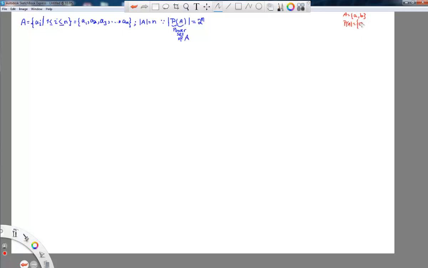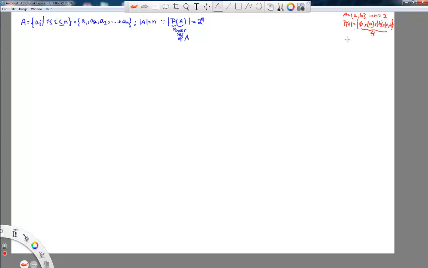Of course, the empty set is a subset of any set. So the power set contains the empty set, then the sets of one element of A, and the set of both elements of A. So here, if this set had size 2, then its power set will have size 4.